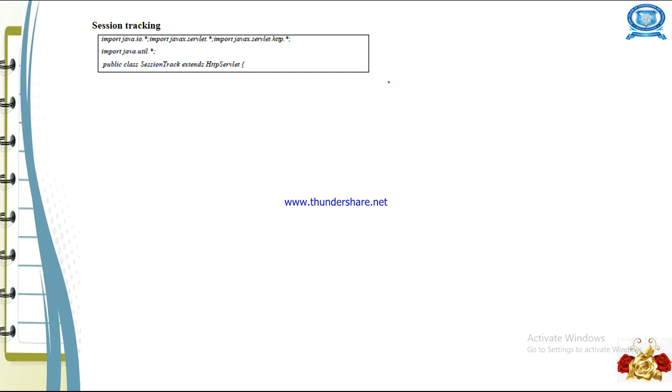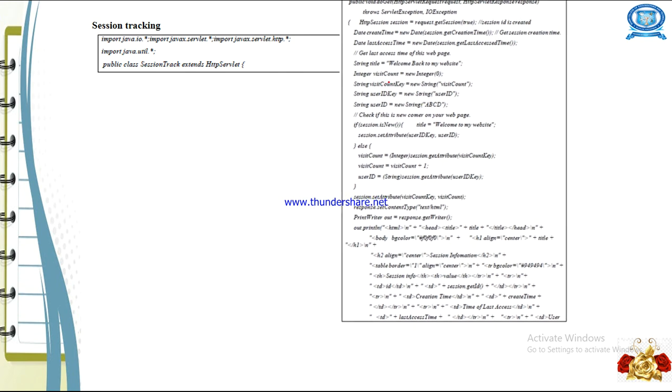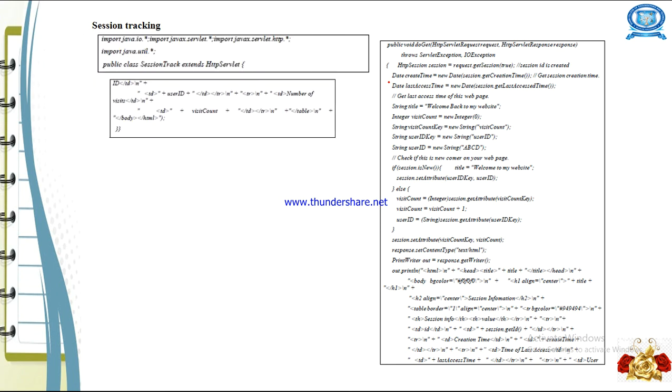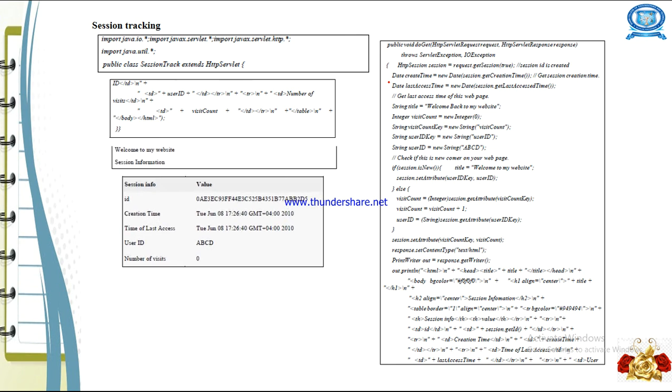Next, we'll see one example program for session tracking using Java. This is the first introduction, the header file. To start the program: public class SessionTracking extends HttpServlet. In the program, we have to use a number of functions and concepts, including the ID, tables, values, and so on, and finally we get the first output.